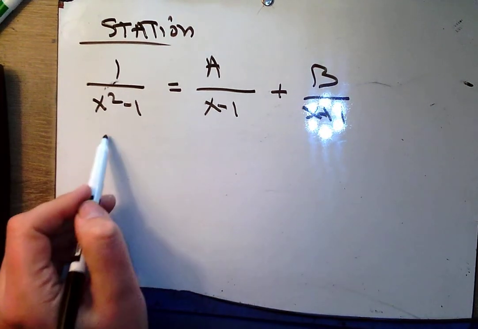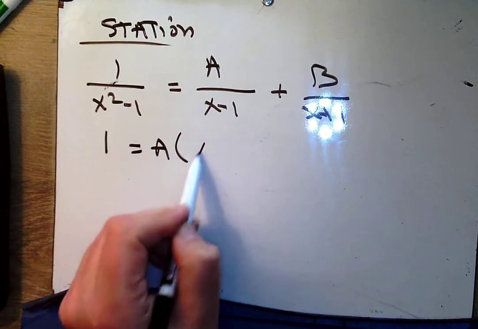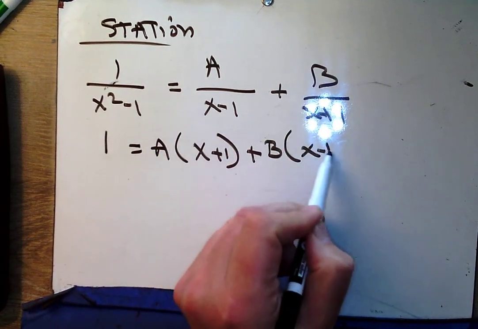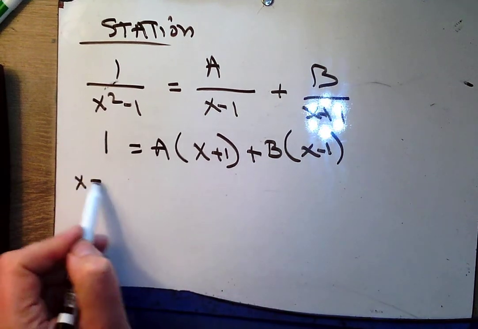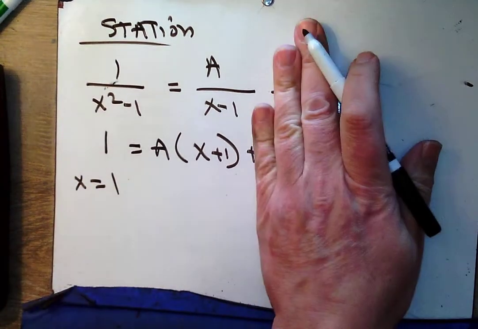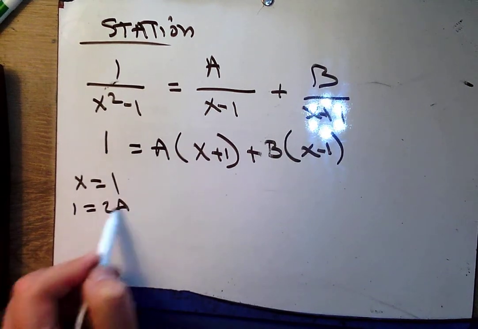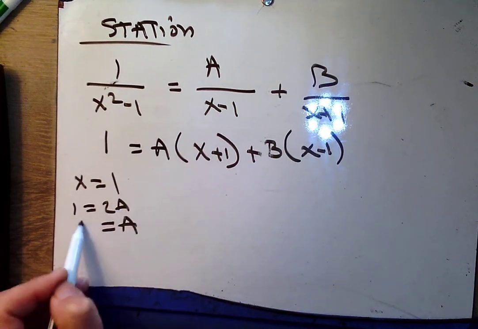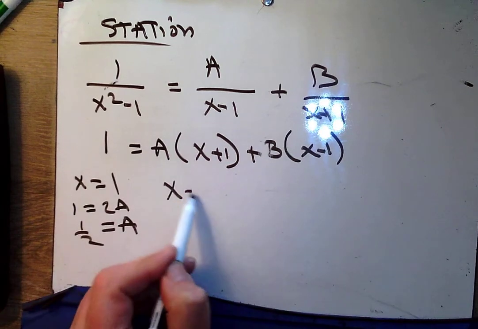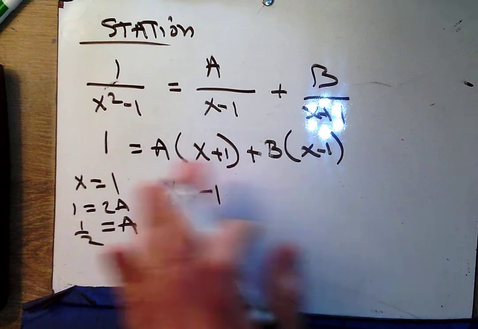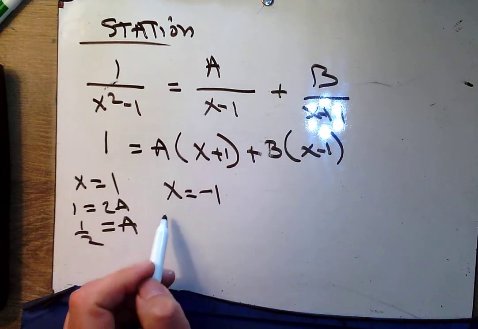So we get 1 equals a(x plus 1) plus b(x minus 1). If we make x equal to 1, all this goes away. And we get 1 equals 2a. And so a equals 1/2. If we make x equal to -1, that goes away. So -2b equals 1.